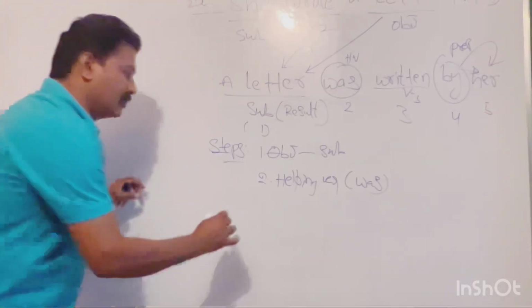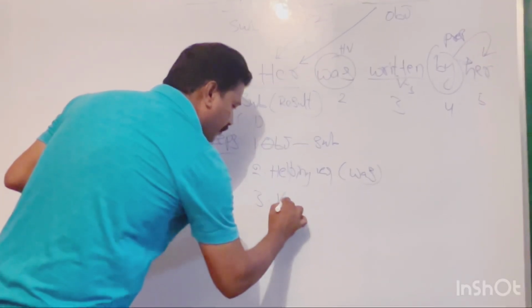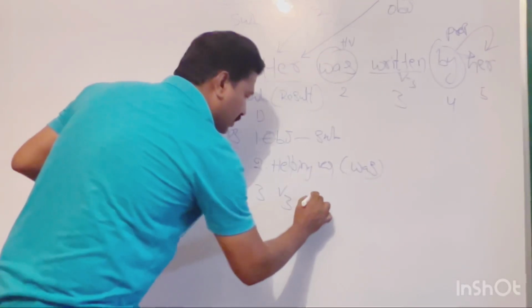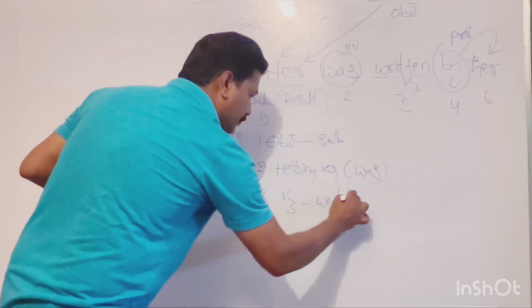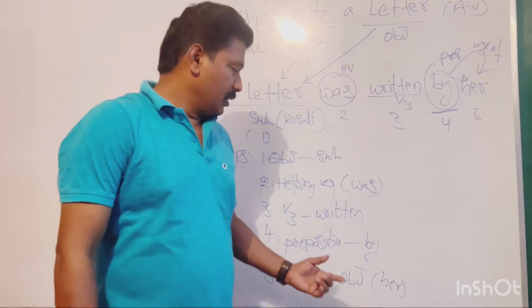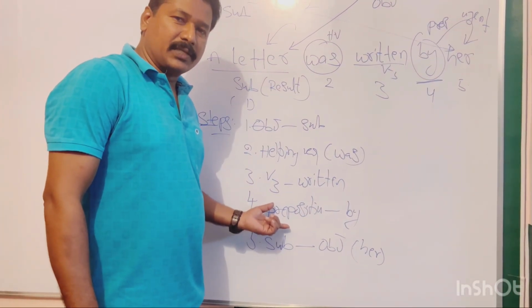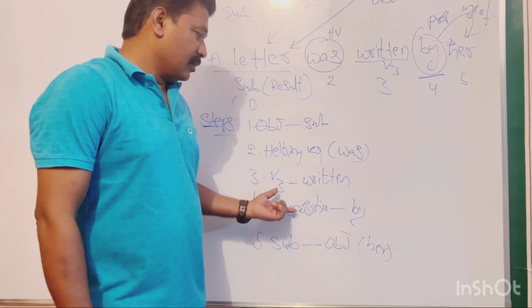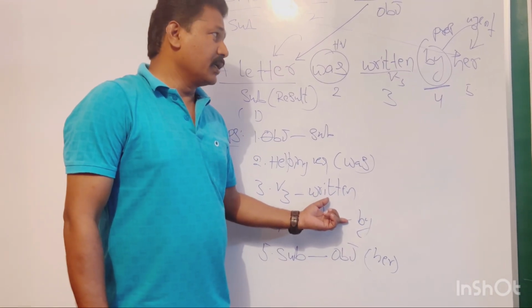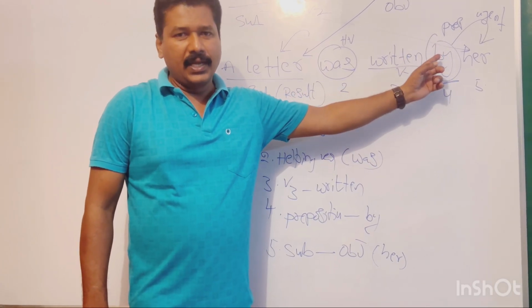And the third step is the third form of the verb, which is nothing but written. Whereas the fourth step is that the appropriate preposition has to be taken. Here by is used, which denotes the doer of the action or the agent of the action.